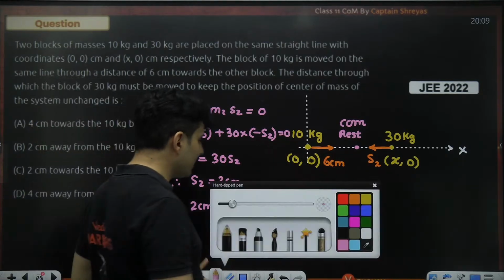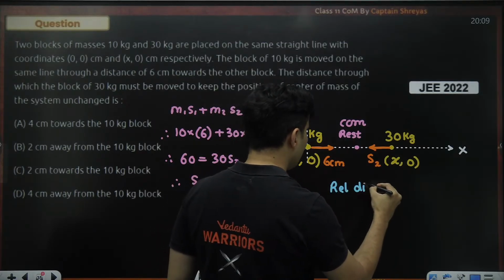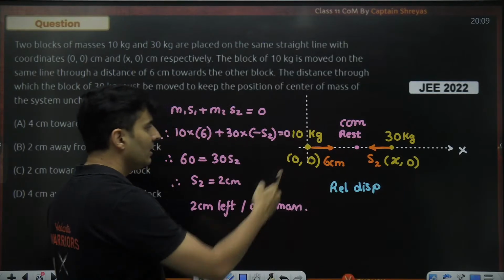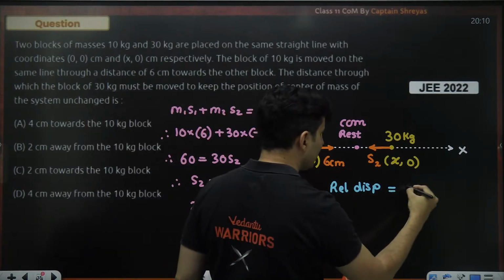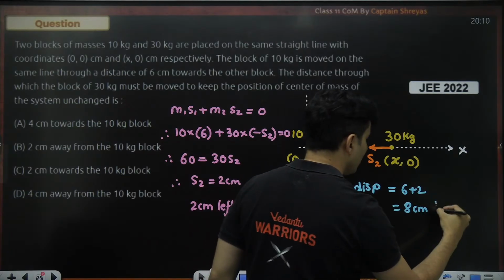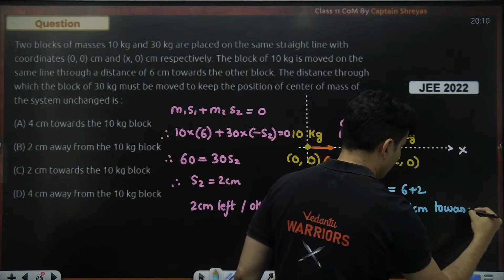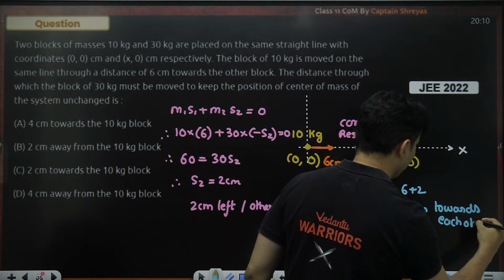If the question was what is the relative displacement, then you can easily see this guy moved 6, this guy moved 2 towards each other. So relative displacement will be 6 plus 2, which is 8 centimeters towards each other.